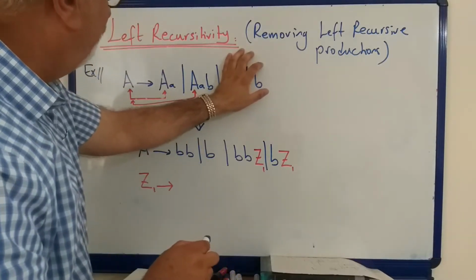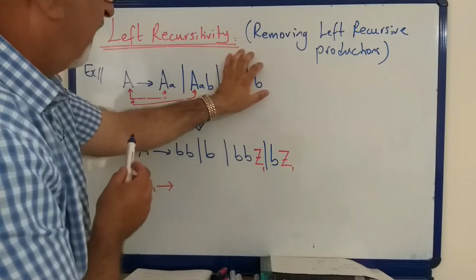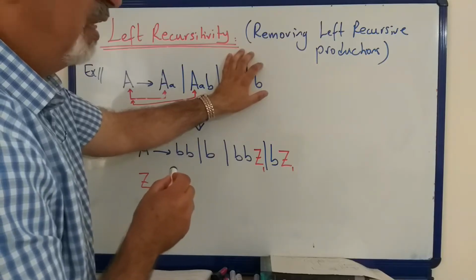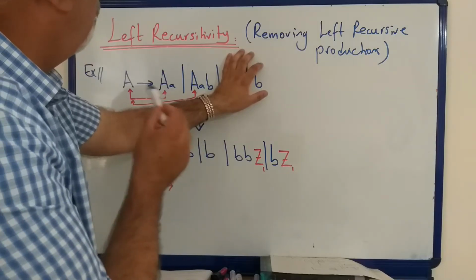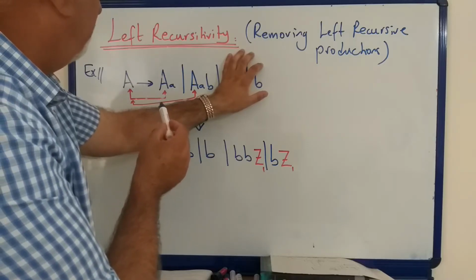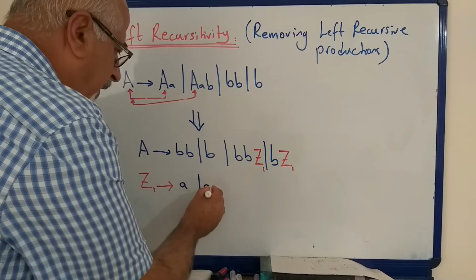So if I remove the left recursivity from this, what will be left? Small a or small a, small b.